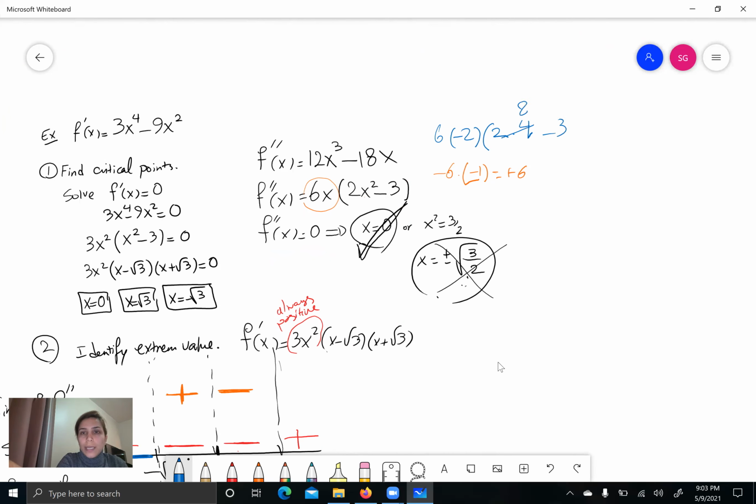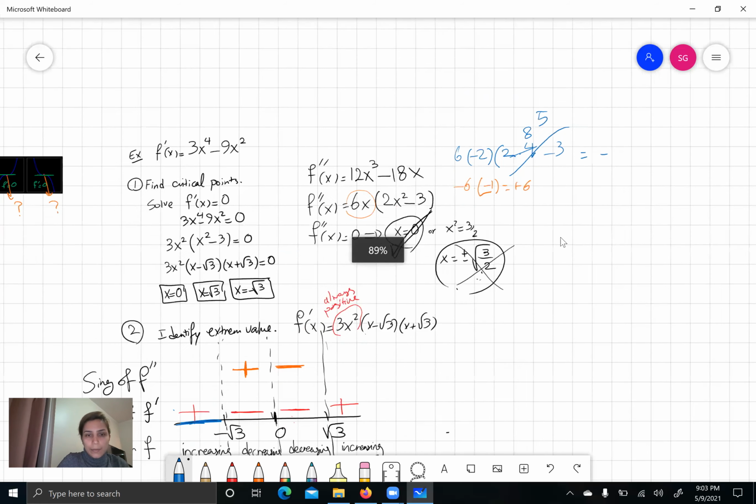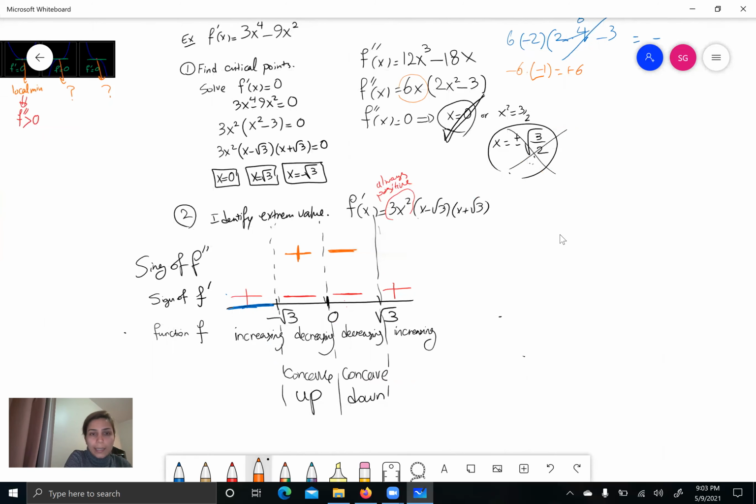So this is gonna be 8, which is positive, so it's gonna be negative. So this is gonna be negative, which means that the function is concave down.